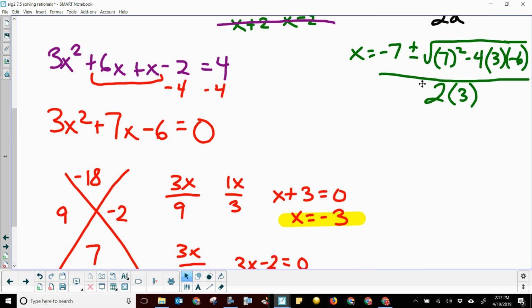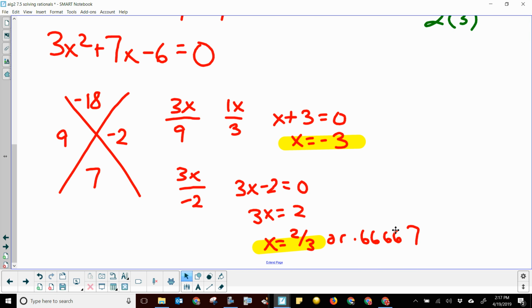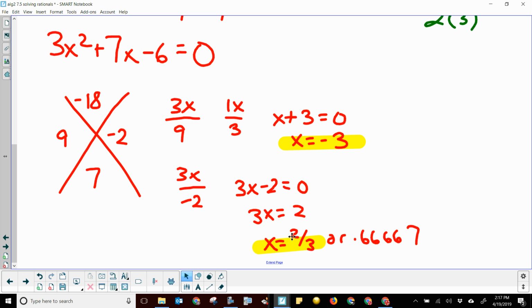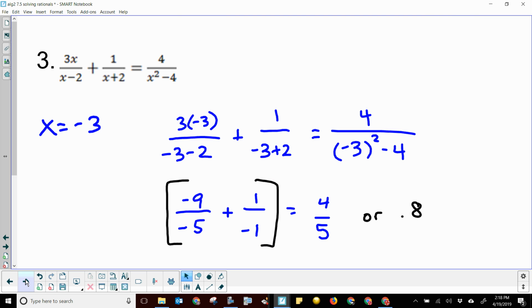So if you would have done it this way, you would have gotten like 0.66667. But we know that that's 2/3. So I did say you could get fractions doing this, but they will be nice, pretty fractions. They won't be anything crazy decimal-wise. If this all looks foreign to you, like the first 4 videos of this playlist, factor and FOIL, you need to just go remind yourself how to do it.